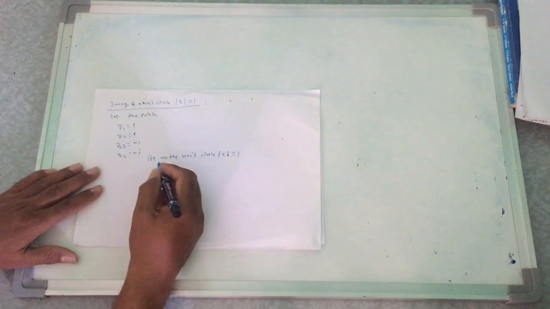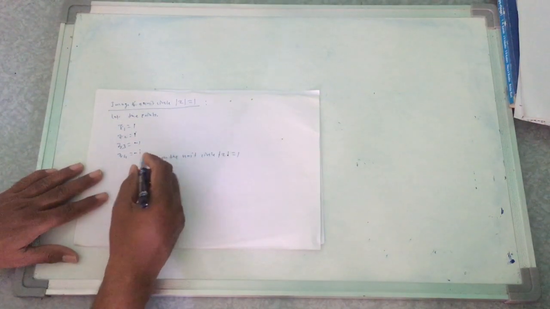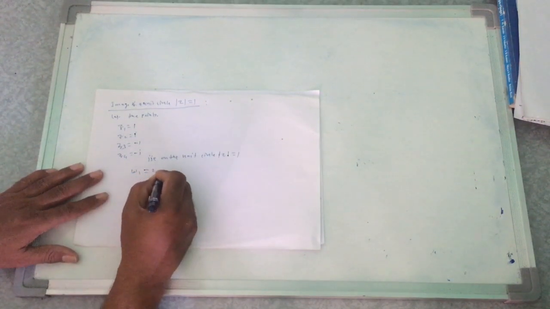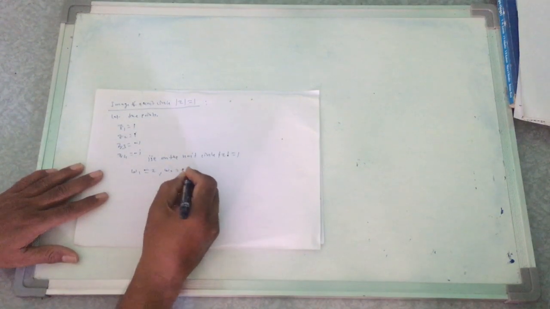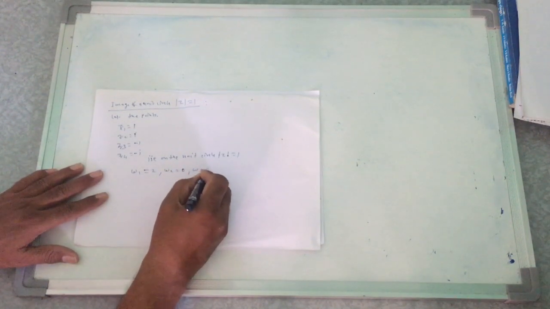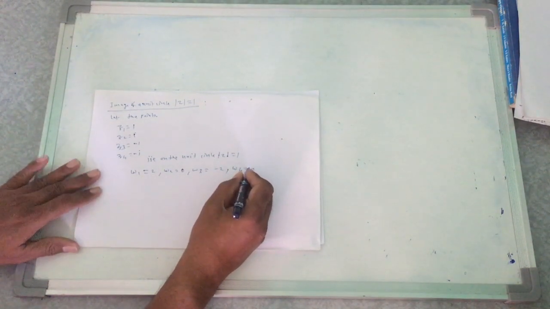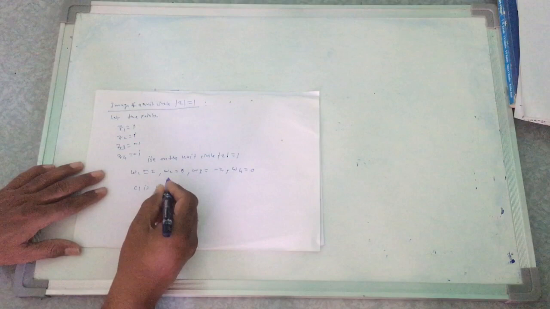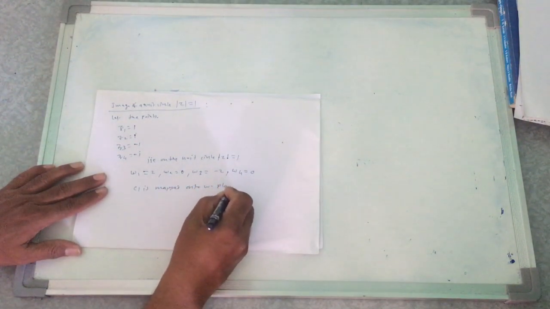Now we have to show that these points are mapped onto the points w1 = 2, w2 = 0, w3 = -2, and w4 = 0 respectively. Hence the unit circle C1 is mapped onto the W plane.